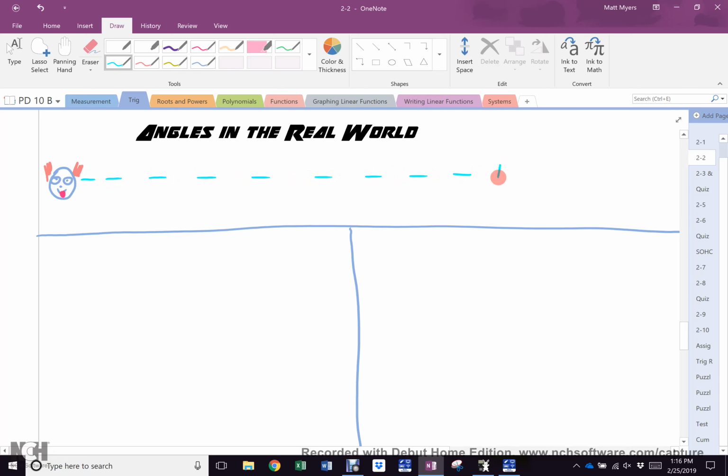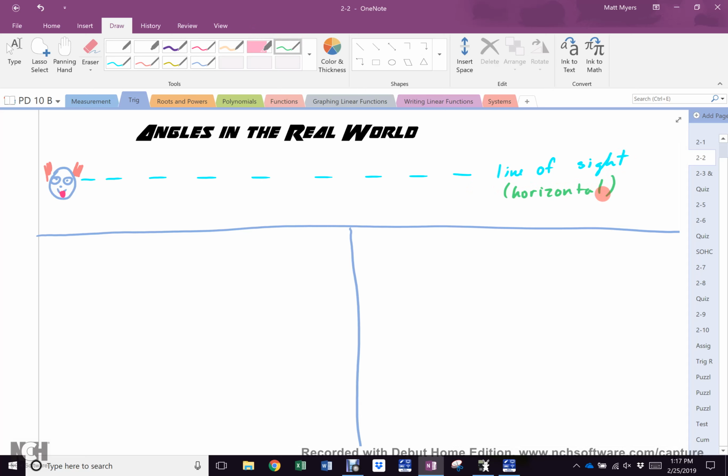And that is our line of sight. And it is horizontal. Now, some of you forget that the word horizontal means flat. Learn it. Everybody good? All right.